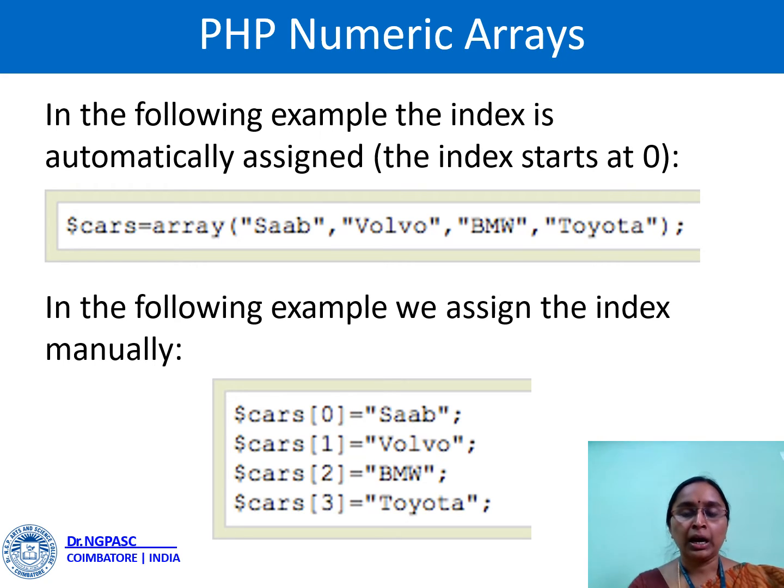The index always starts with 0. So array index position 0 has the value Saab, index 1 has Volvo, index 2 has BMW, and index 3 has Toyota.